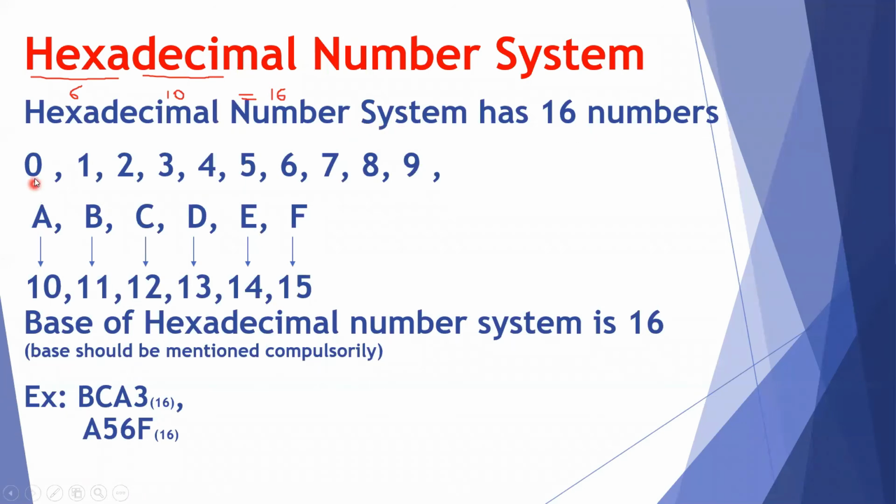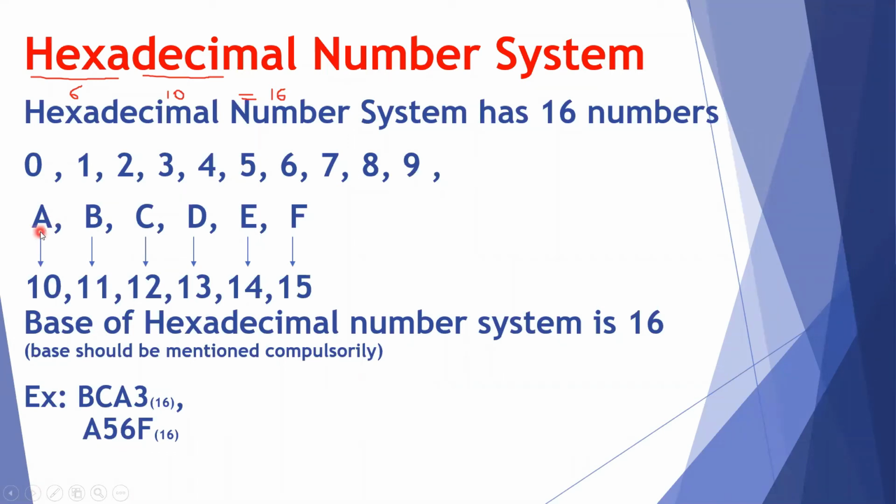What are the numbers? 0, 1, 2, 3, 4, 5, 6, 7, 8, 9. After that, if I'm writing 10, that is 1, 0. Again, it will be the combination of this one and 0. That's why we will mention the further numbers in alphabets.